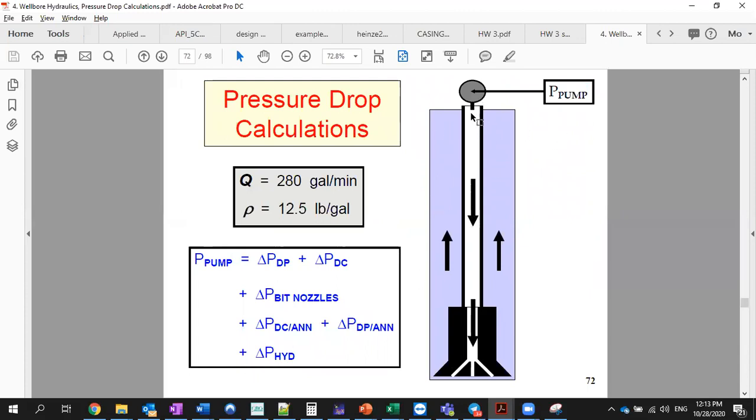Now, since you start from the surface and go back to the surface for pump pressure calculations, this hydrostatic pressure is 0 because the level of fluid hasn't changed, right? From the inner of the drill string to the annulus at the surface, right? So you just need to calculate all these pressure losses, add them together, and that gives you the pump pressure, right? Any questions so far?